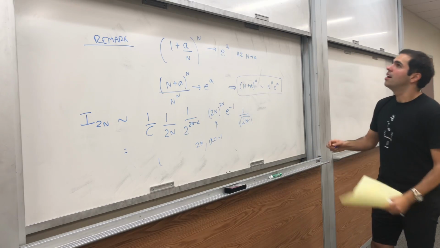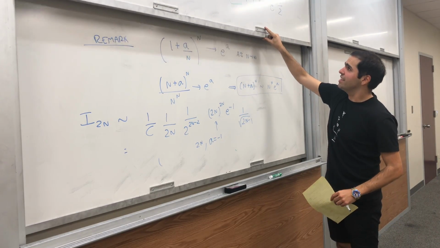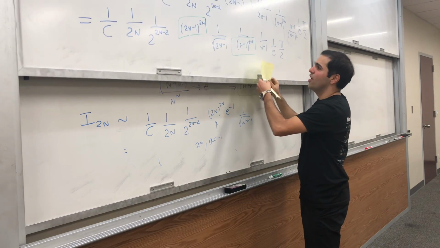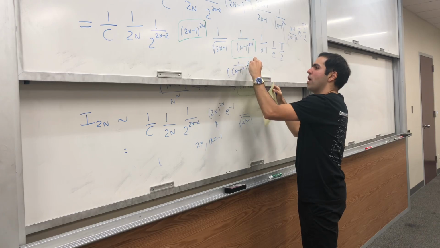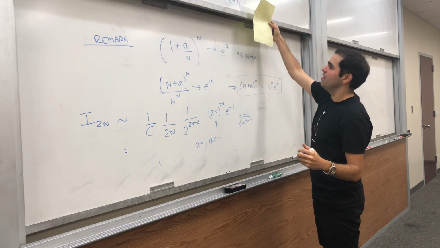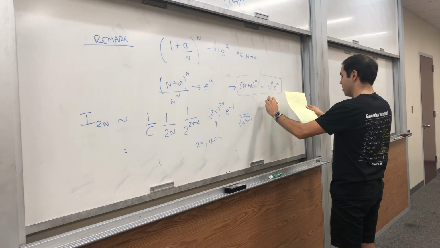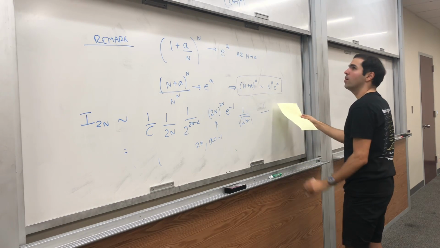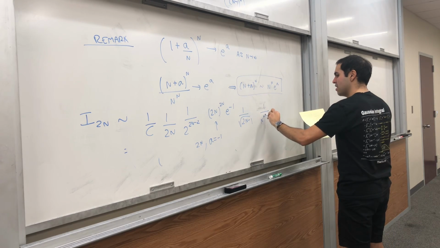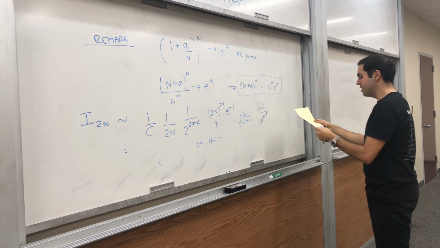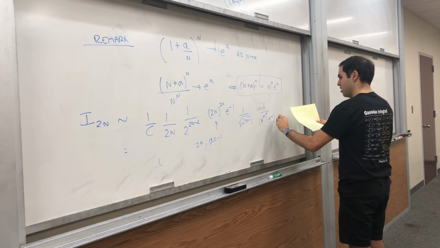Okay. And continuing with this term, we indeed get, so notice again, this is 1 over n minus 1 to the n squared. And then we get 1 over n to the n squared, and then e to the minus 1 squared.